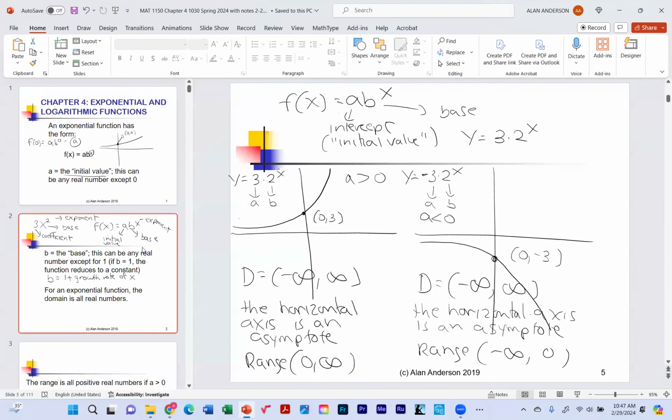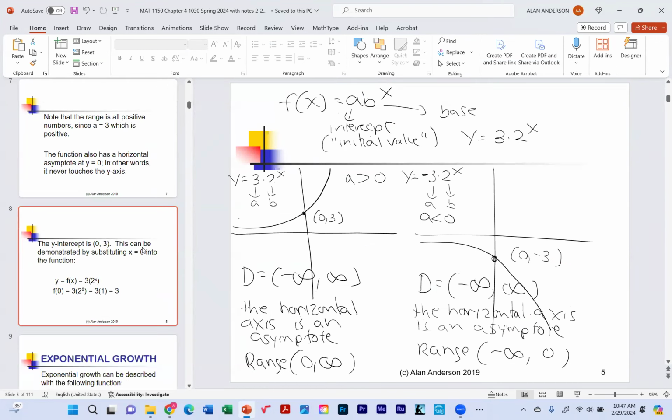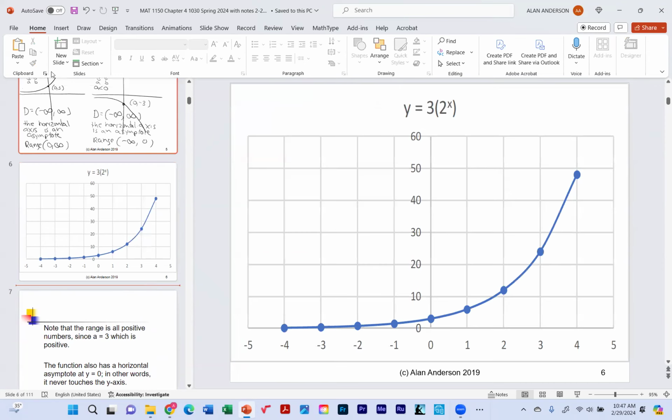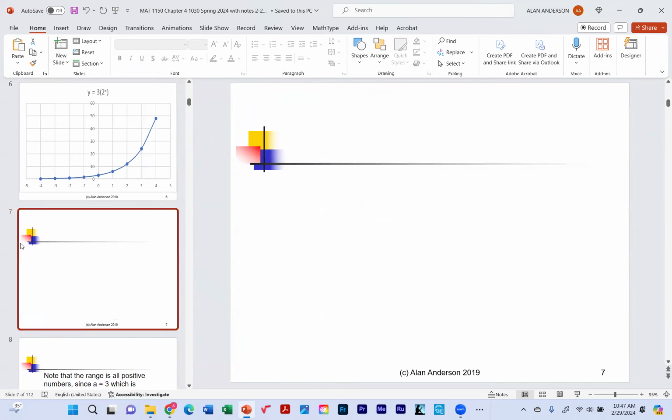Now, what I'd like you to see is another interesting case, which I don't think I included in here. Let's try, instead of these, y equals 3 times not 2 to the x, but 1/2 to the x. So you notice b is less than 1. Why does that matter?